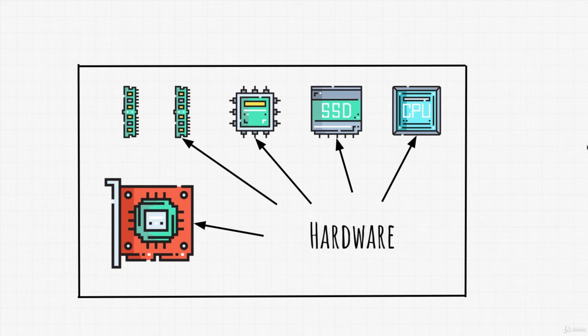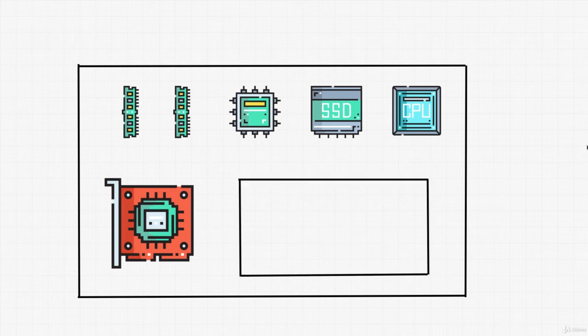But wait a second, Alexa, why are you telling us this? I thought this was a lecture on explaining how virtual machines work, and not on hardware components. Hang on just a second. We're slowly getting there. Picture a virtual machine to be this smaller rectangle within our physical machine, which is this larger rectangle.